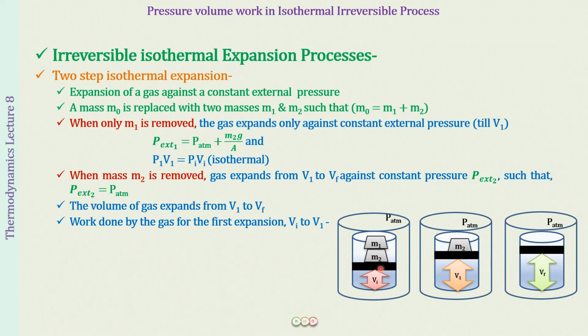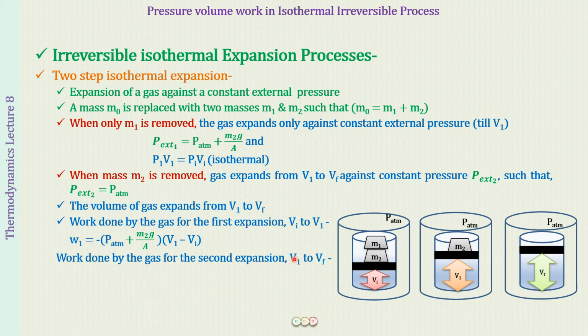So work done for the first expansion, that is from Vi to V1, what would it be? Well, it is going to be P external into delta V. So P external was what? P atmosphere plus M2G divided by A, into V1 minus Vi, right? And in the second expansion, we will be expanding from V1 to Vf.